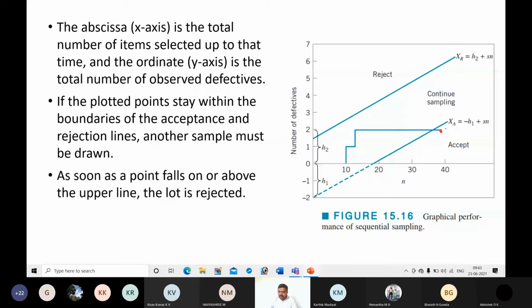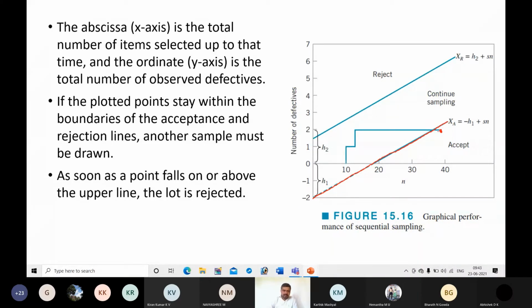So for around 39 samples, you are getting this point below the acceptance line. That means after taking 39 samples, you can accept the lot and take a decision. That is the meaning.